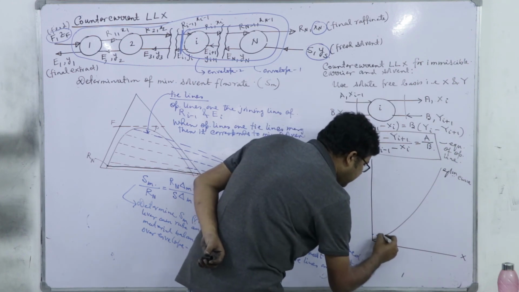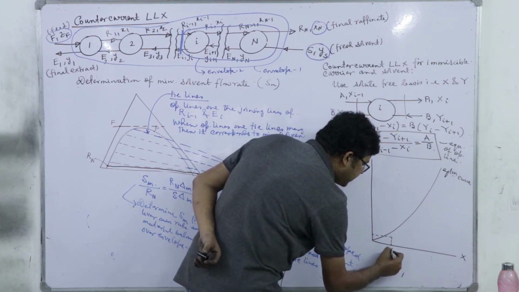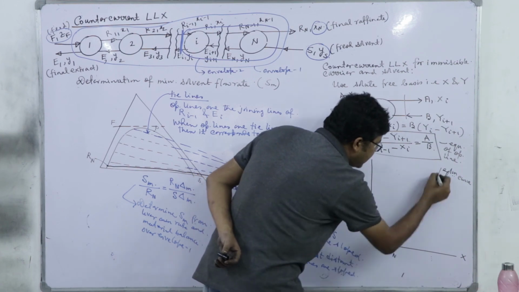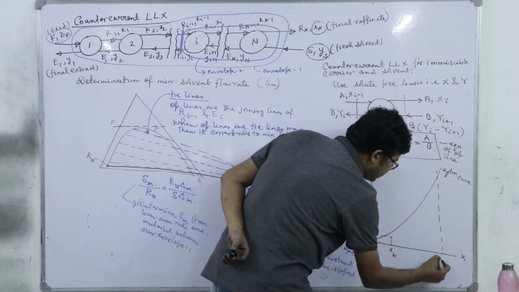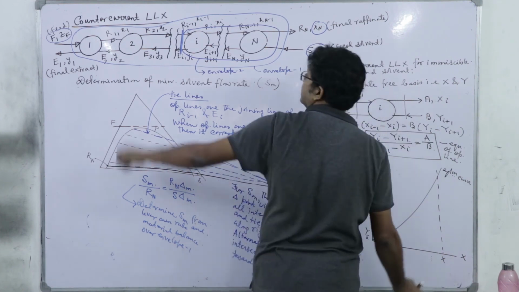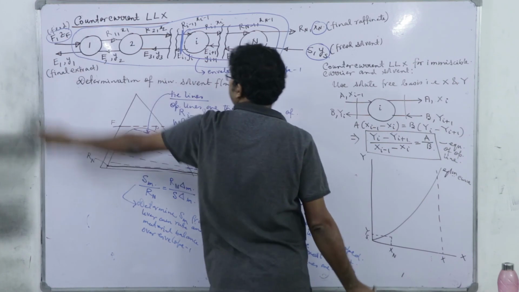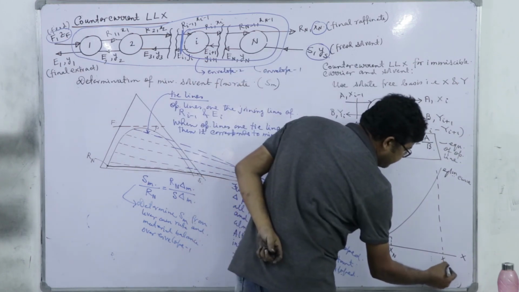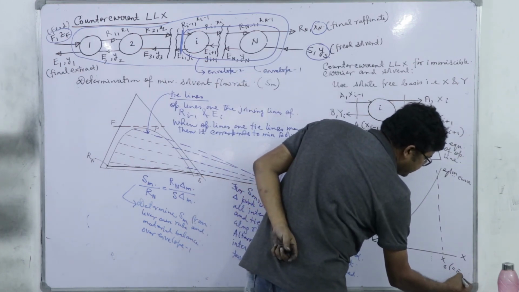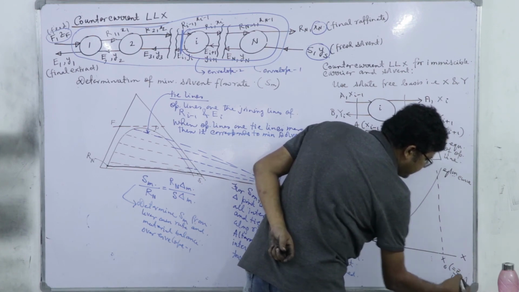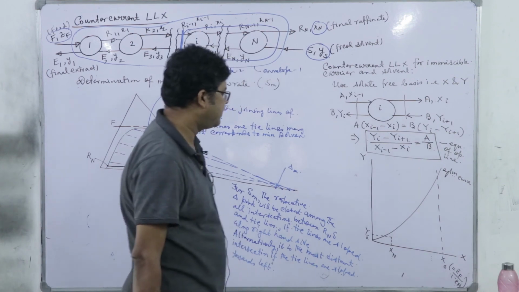Next, we locate this xn, this ys, and we have this as the x0, which is ZF divided by 1 minus ZF because it is immiscible.